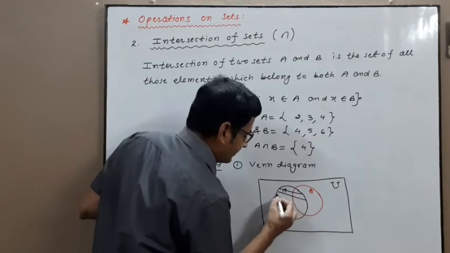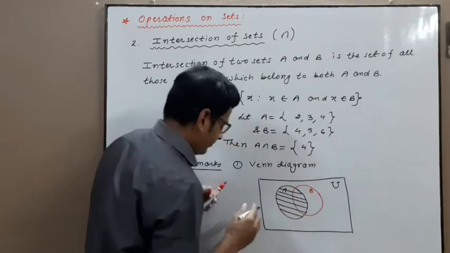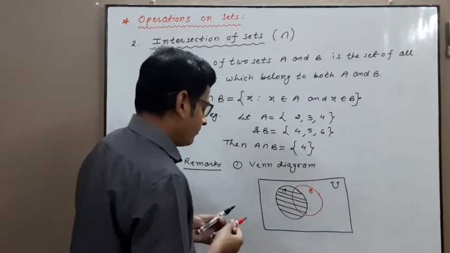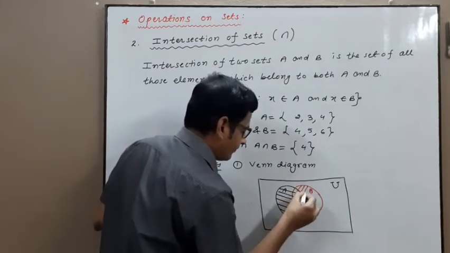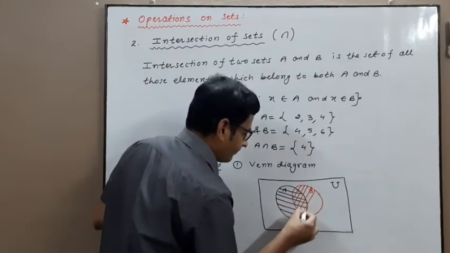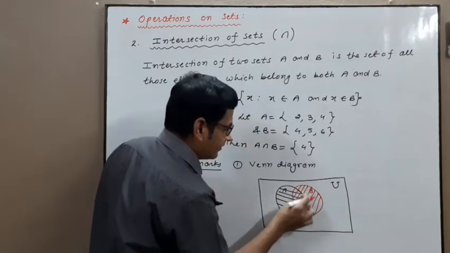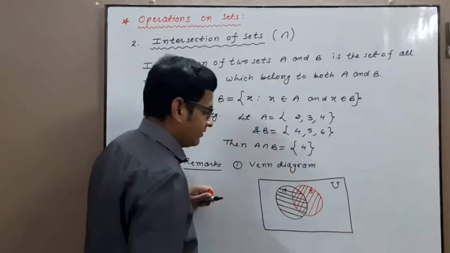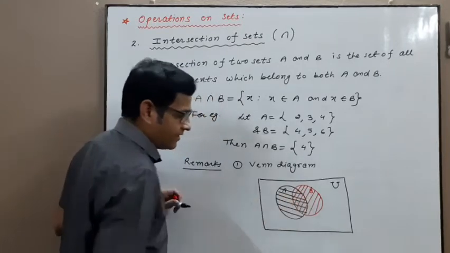This is set A, and this is shaded B. So this is the common portion. A intersection B. So this portion shows A intersection B.